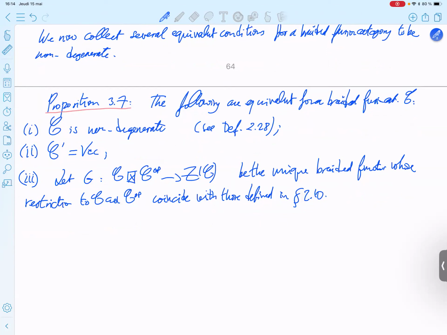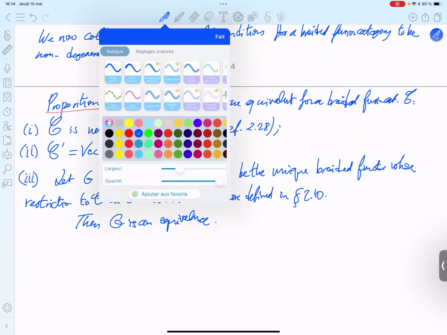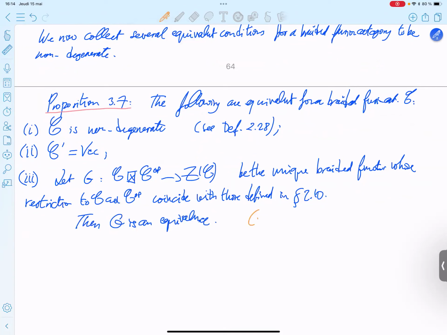Then G is an equivalence. As we already mentioned before, in other words, C is factorizable.